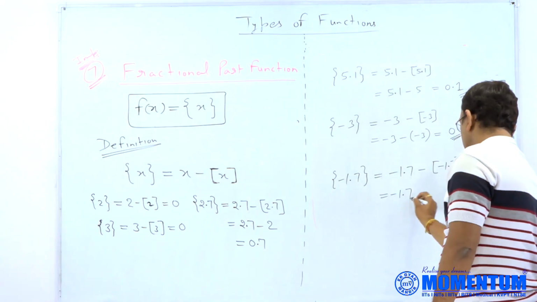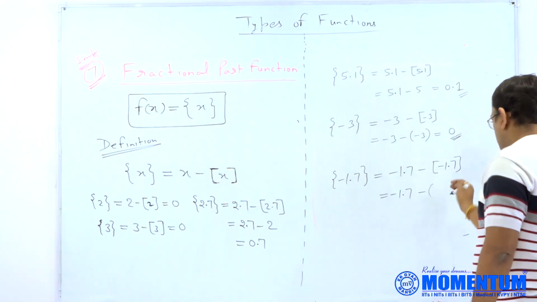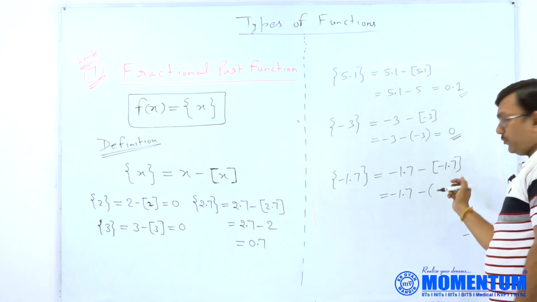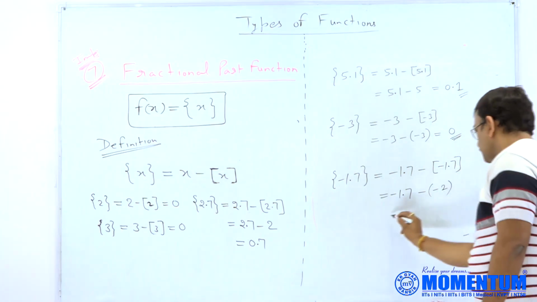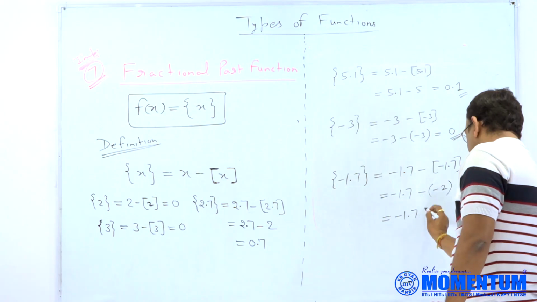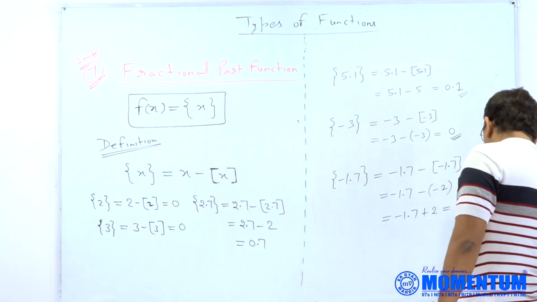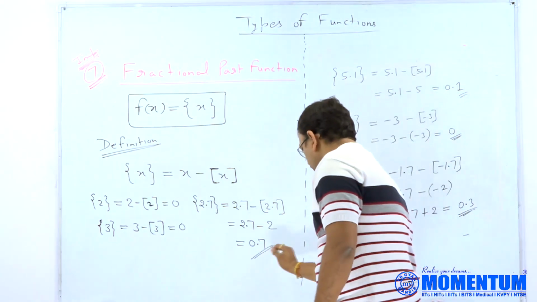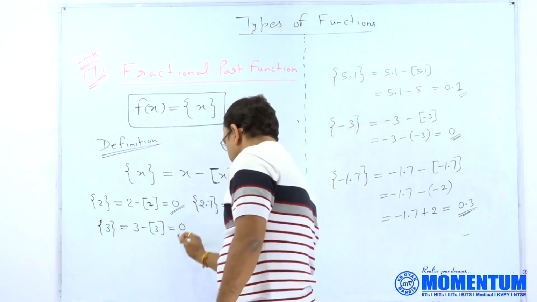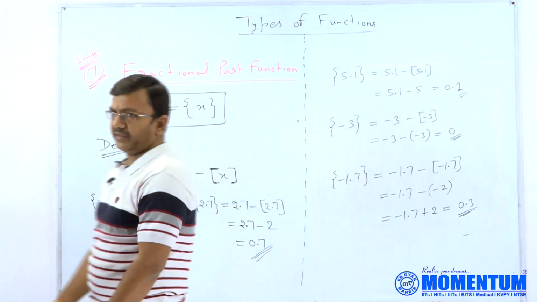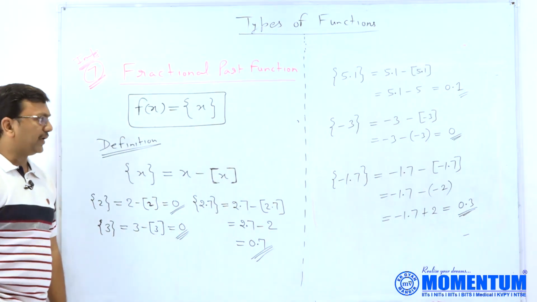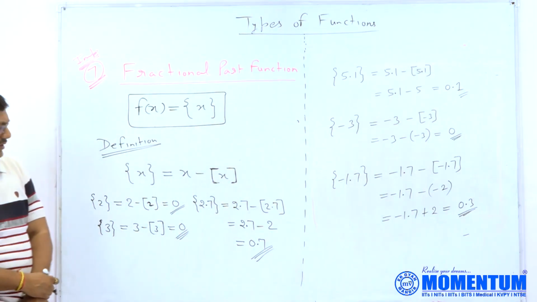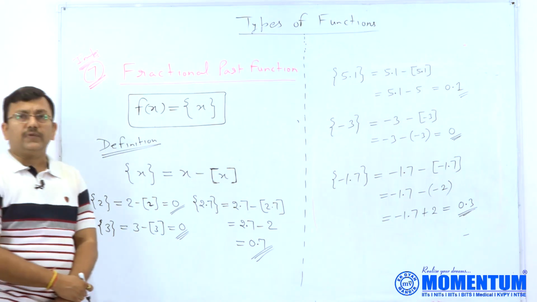Now square bracket minus 1.7, how much? Minus 2. So minus 1.7 plus 2, what's the answer? 0.3. So if we check all the results, you can see our result is either 0 or a fraction.